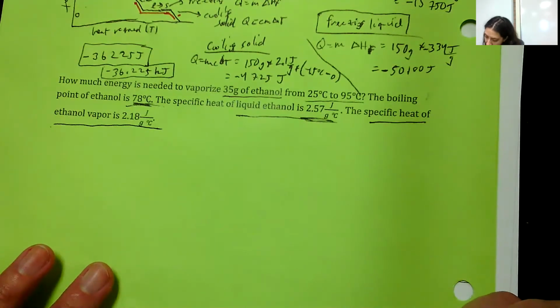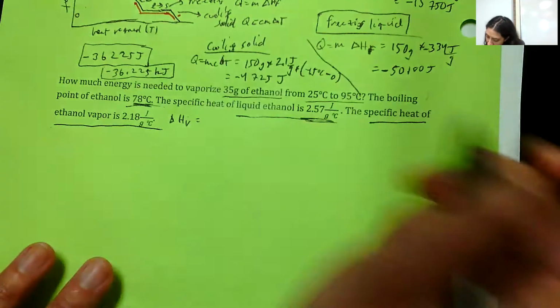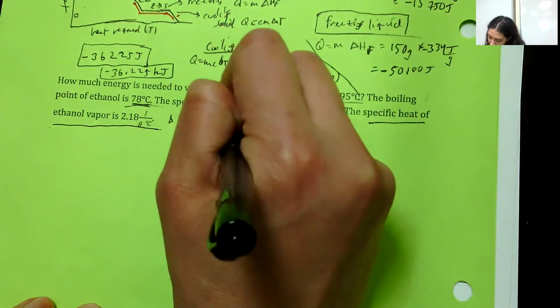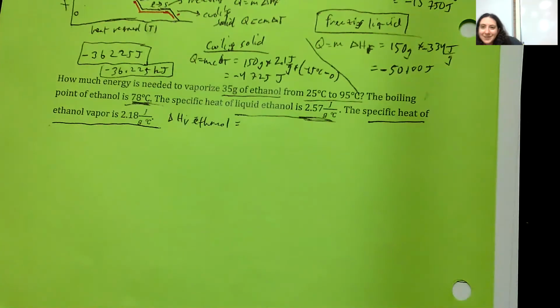And we're going to need also the heat of vaporization. I just realized I didn't give that to you. The heat of vaporization for ethanol is a number. Let's see what it is. I'll check the internet real quick.